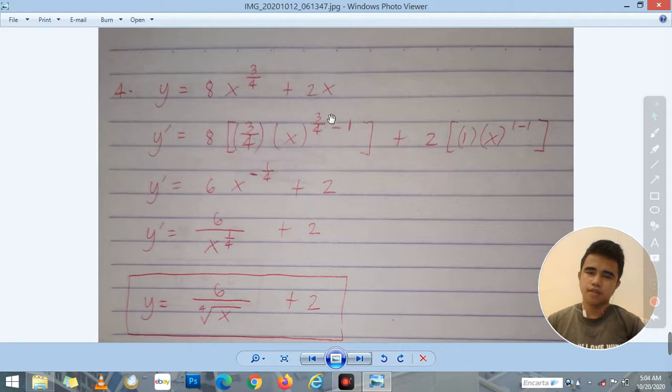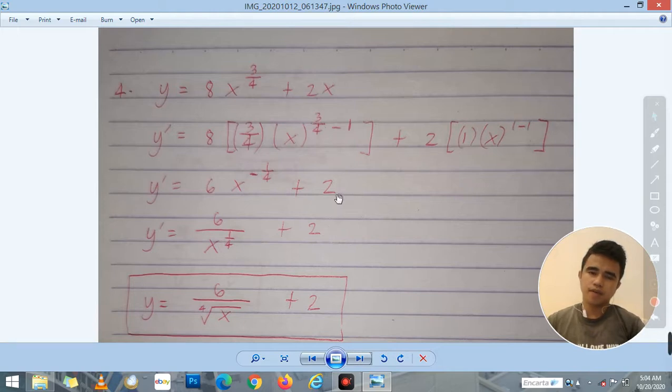Then here, same pa rin, derivative of a constant multiplied by a function x. Here we bring down 3/4, then the exponent 3/4 minus 1. Simplifying, 8 divided by 4 times 3 equals 6. 3/4 minus 1 is equal to negative 1/4, plus the derivative of 2x, the result is 2.